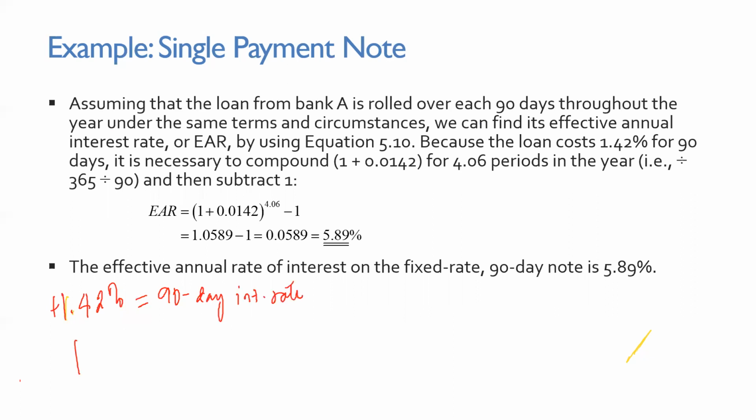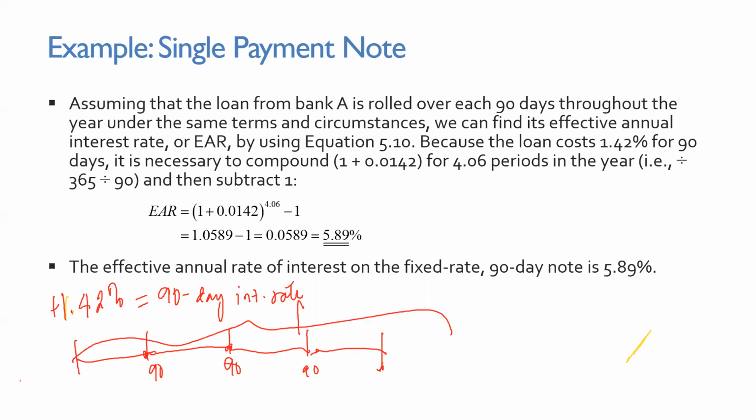Okay? And since mangyayari siya every 90 days, kung ulit-ulitin mo yung loan na yan, every 90 days, okay, then makakakuha ka ng equivalent niya na full year. Right? At yung full year na interest rate para sa buong taon, yun yung tinatawag na effective annual interest rate.